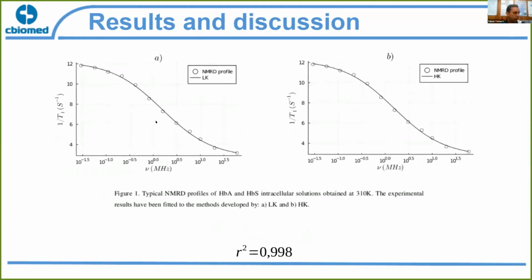This figure shows the typical NMRD profiles in samples of HbA and HbS for intracellular solution, and includes the fit of experimental profiles using the method developed by Lindstrom and Koenig and Halle and Koenig. We can see the goodness of the fitting, and the values of correlation times calculated from the LK and HK models are coherent with those obtained in previous research, including EPR results using nitroxide radicals.